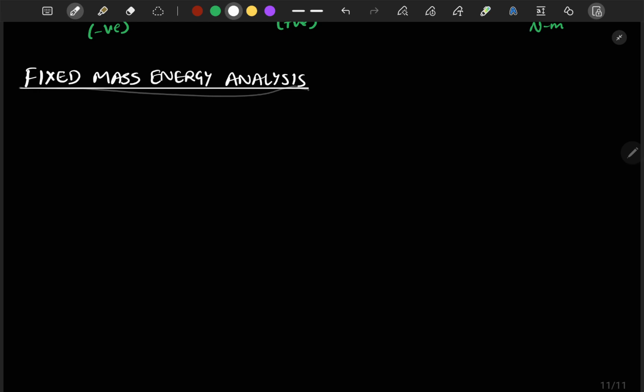So next thing we will do is fixed mass energy analysis, or it is also called closed system energy analysis. If there is fixed mass, then the system is closed.